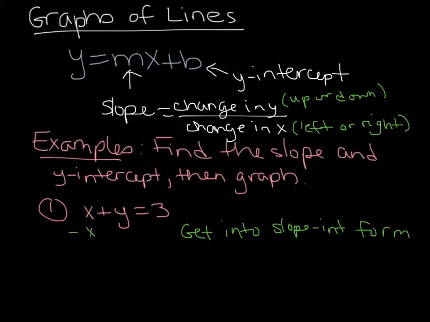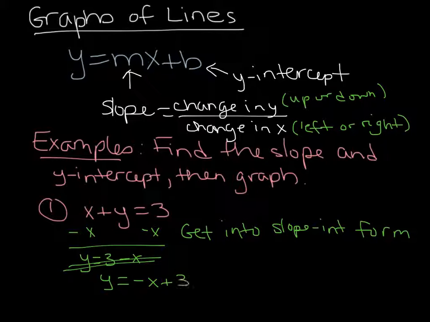So we're going to start by moving over this x. And you can write this as y equals 3 minus x. However, you can even skip that step and just go straight to slope-intercept form, which is y equals negative x plus 3. Just make sure you keep the negative with the x and you keep the 3 positive.